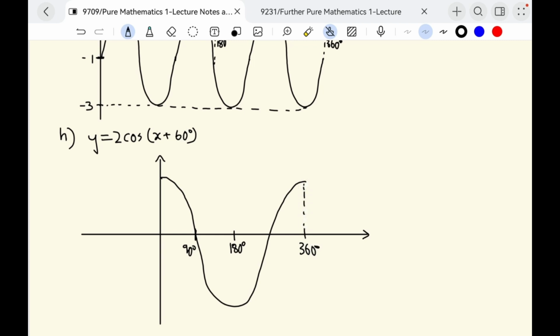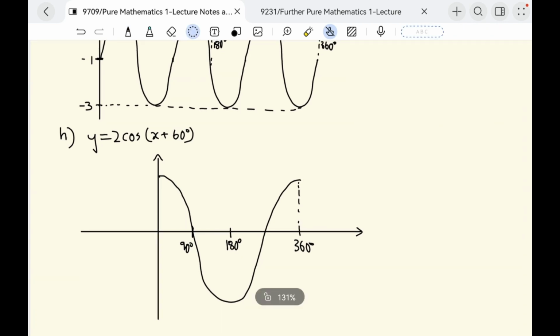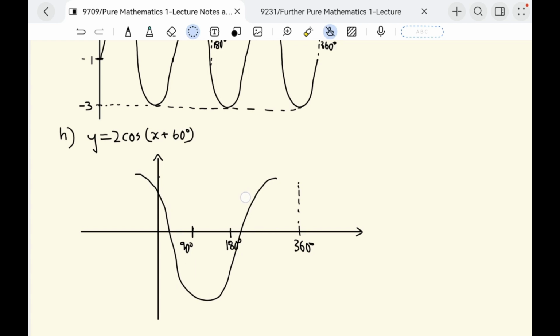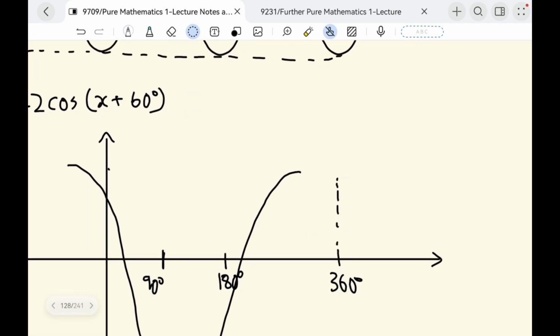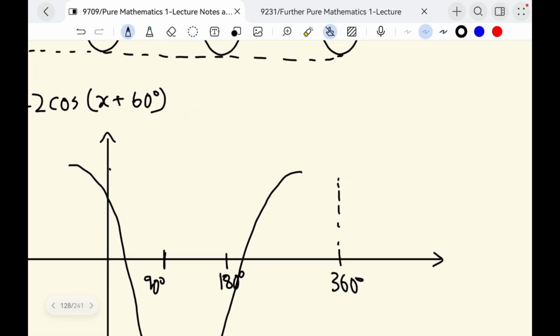Okay? So since it wants to move 60 degrees, this original point from 90 degree must move to 30 degree. So at this point it's 30 degree. So move it like this. Okay? And then just draw the remaining one.